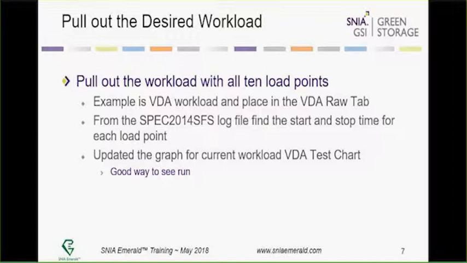Then I'm going to pull out the desired workload, and I put an example as the VDA. That's why it was the VDA Raw tab. I just put that in there, find out where the start and stop points are, and update the graph so that you can see the whole run in one example.